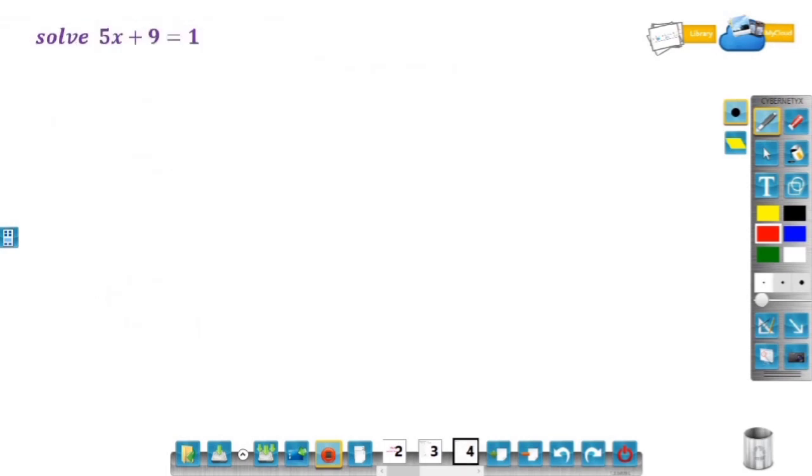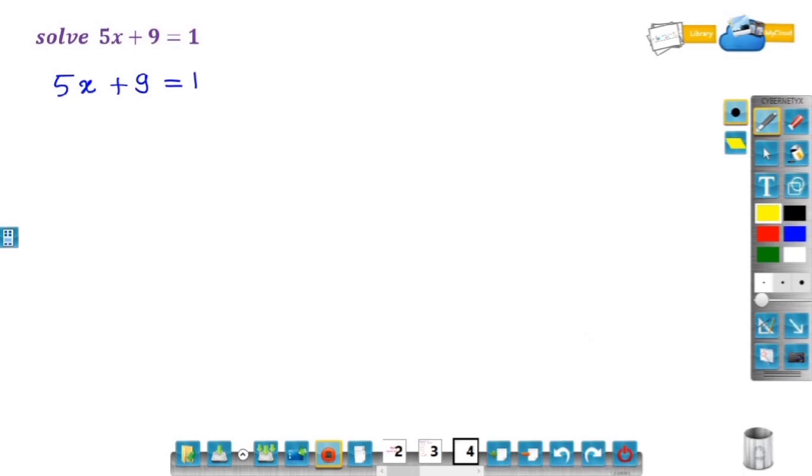Next, solve 5x plus 9 is equal to 1. Look at the LHS and RHS. We have to keep the variable on the LHS and move the constant to the RHS.